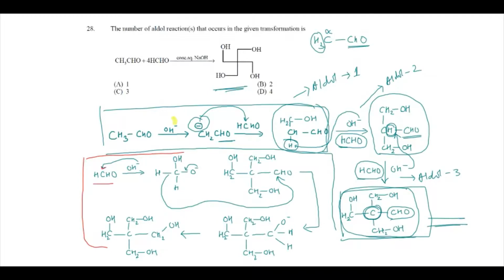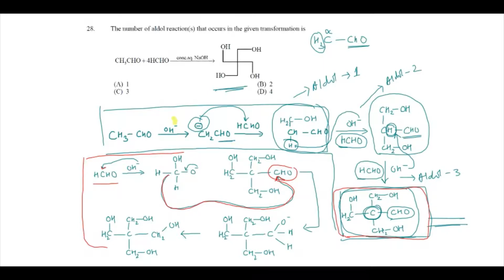of the formaldehyde, and there will be a hydride which will come out from the formaldehyde and is going to attack the carbonyl carbon of the aldehyde which is created in the last step of the third aldol condensation reaction.